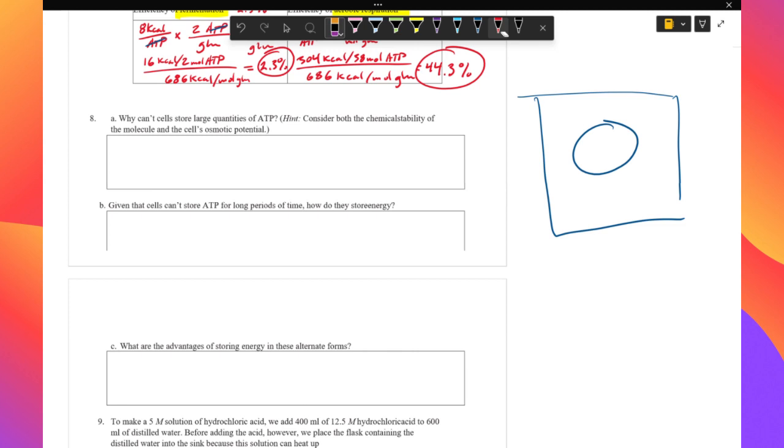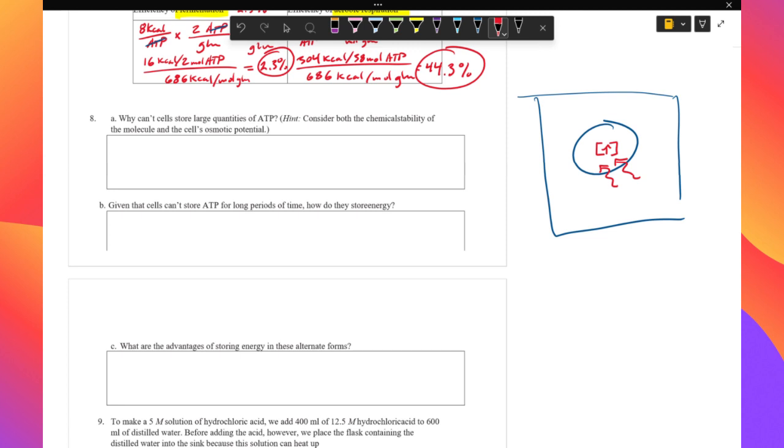That's our osmotic potential, right? If there's a high concentration of ATP inside the cell, the cell will be hypertonic to the solution around it, and water will rush in. A cell in a hypotonic solution will swell, take on that water, and burst. That would be bad for the cell.